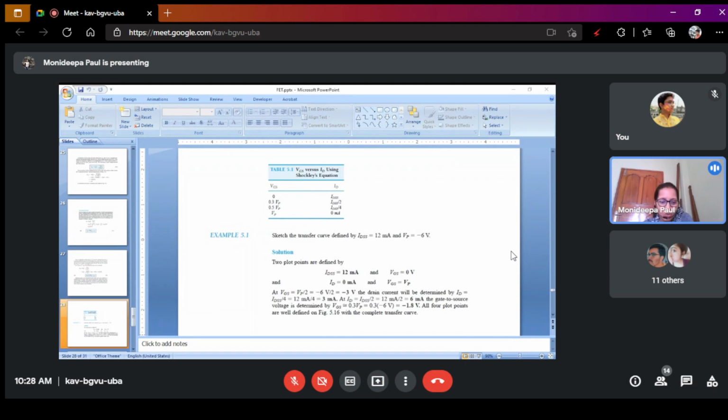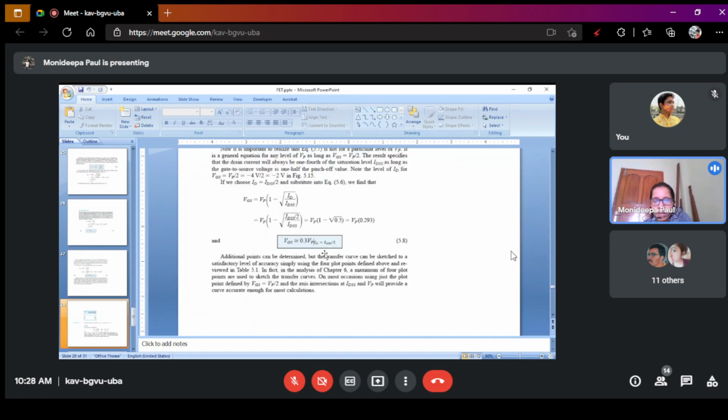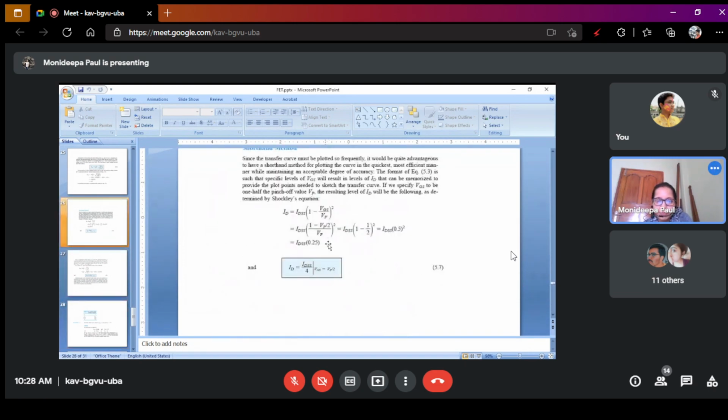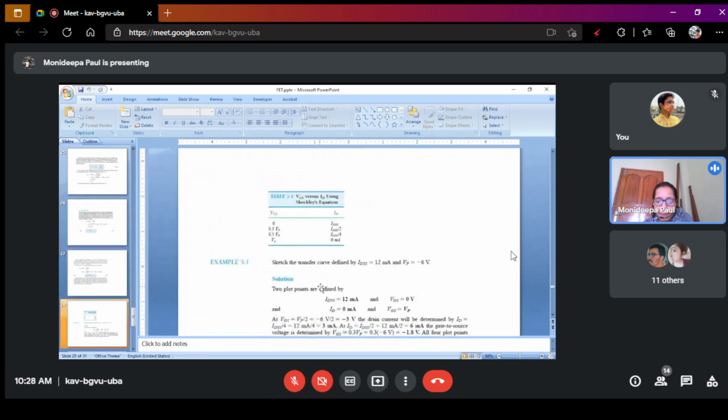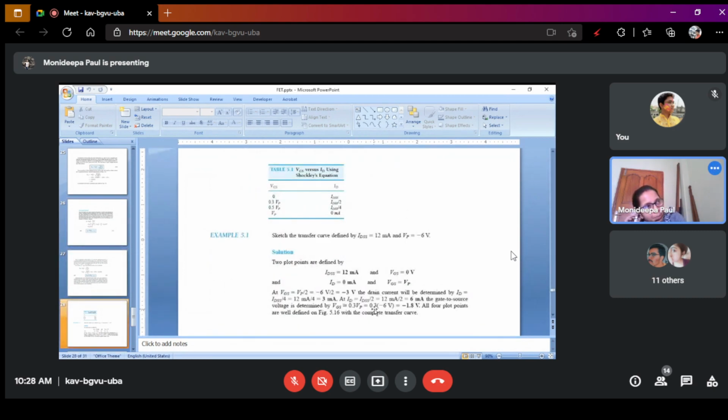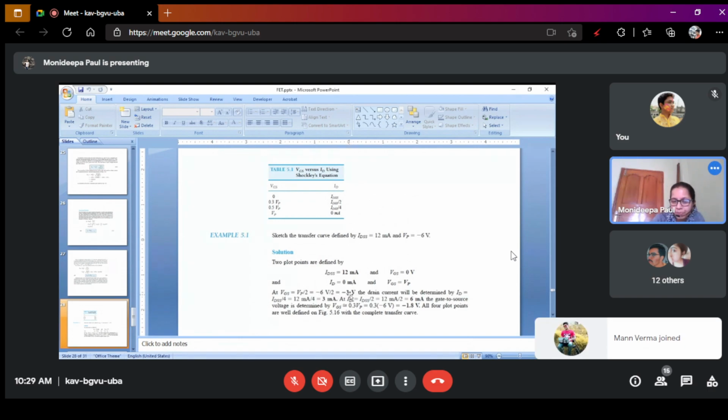When VGS is equal to 1 half of VP, that means ID is equal to IDSS by 4. So VGS is equal to VP by 2 means minus 6 volt by 2, that is minus 3 volt.